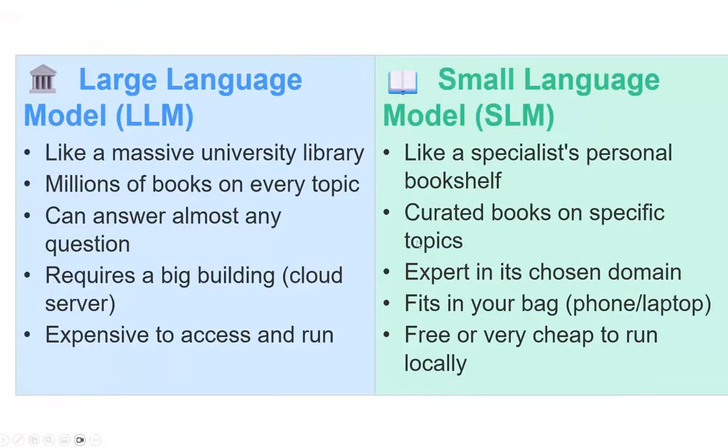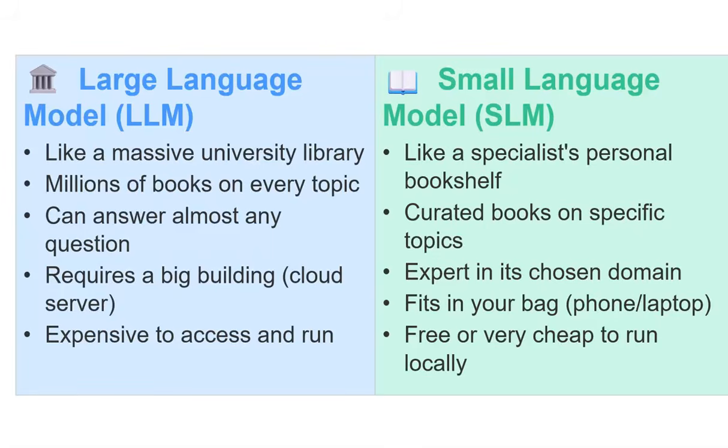Let me take you further. The large language model is like a massive university library, with millions of books on every topic; it can answer almost every question but requires a big building. Small language models are a specialist personal bookshelf, with curated books on specific topics, expert in their chosen domain.